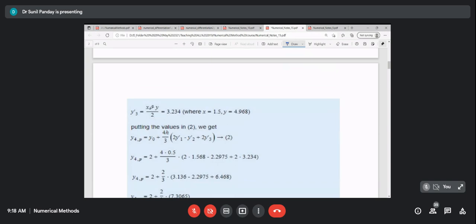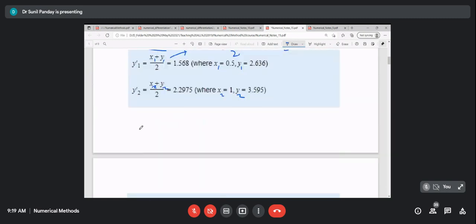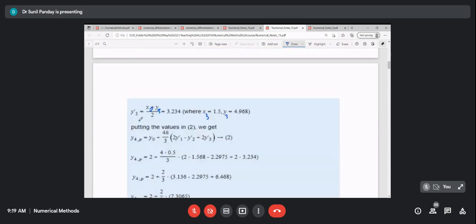Similarly, y3 dash, you are calculating like this. So now you have with you y1 dash, y2 dash and y3 dash. Then you substitute all these values in the predictor formula. This is the predictor formula.